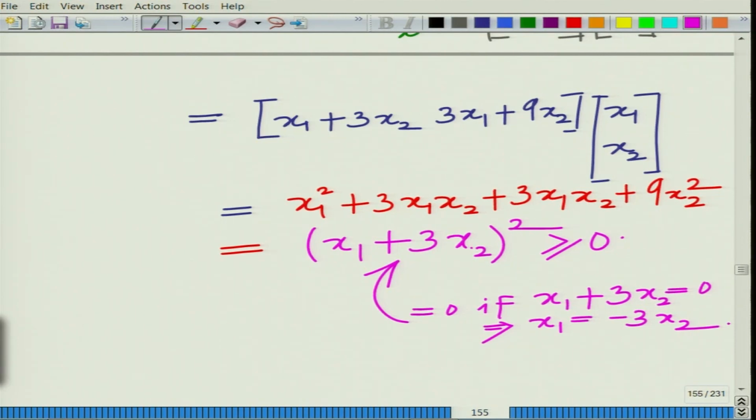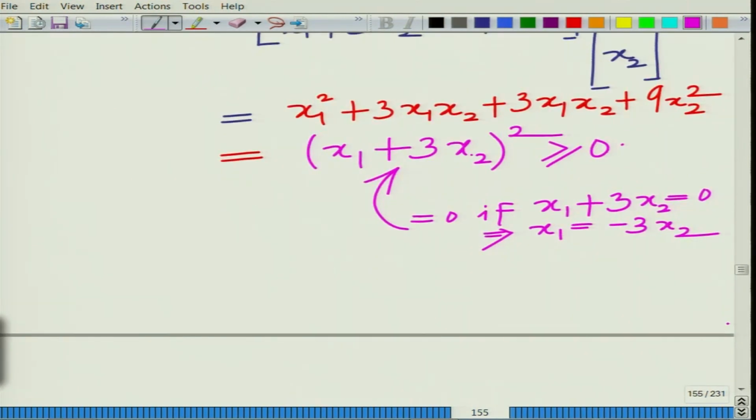So, this is only greater than or equal to 0. This is not always greater than 0. In fact, it can be equal to 0 if x1 equals minus 3x2. Therefore, this is only positive semi-definite, not positive definite.